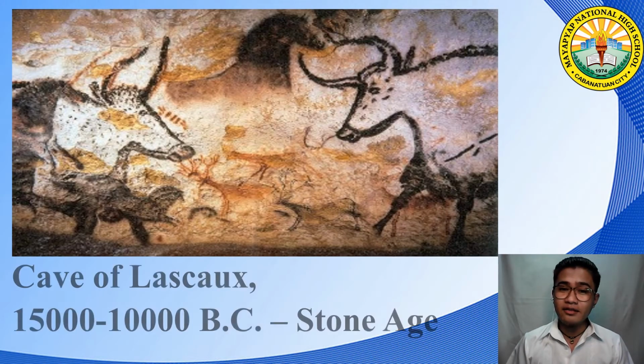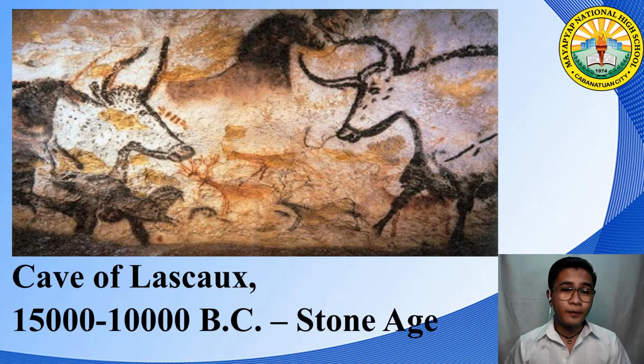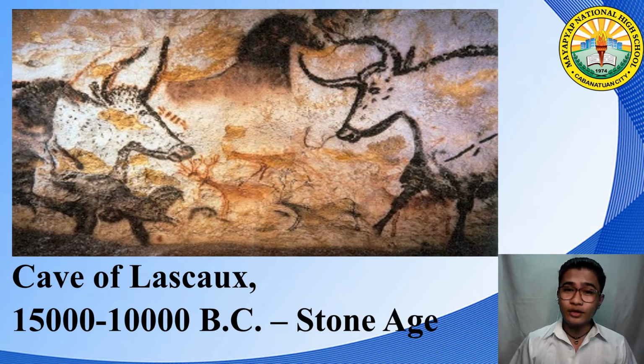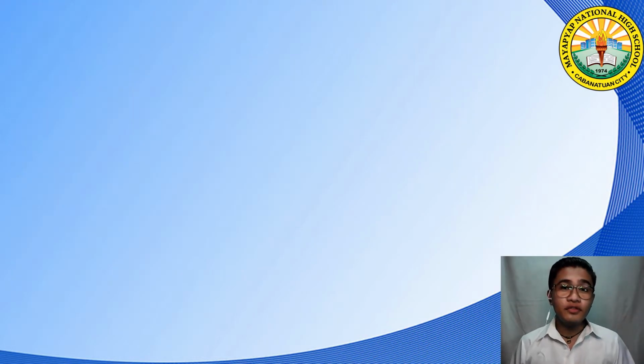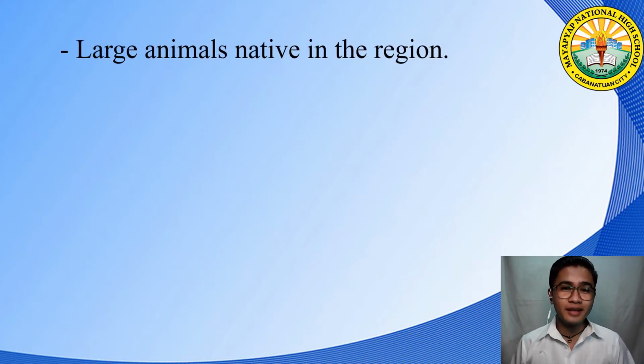This painting is named The Cave of Lascaux, from 1500 to 1000 BC, from the Stone Age. So, what have you observed on the painting? If you observe the painting carefully, the dominant pictures were large animals native to the region.